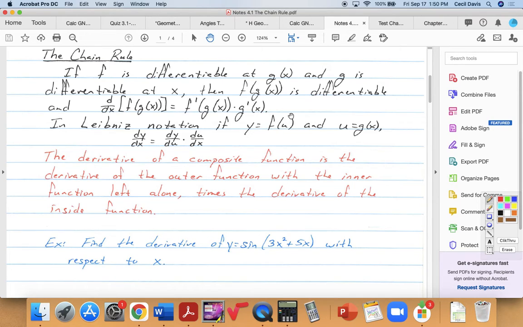The outside coating melts, leaving the inside alone for a moment. The inside's unaffected until the outside is gone. And then the inside would melt. Same thing here. We take the derivative of the outer part, leaving the inside part alone, times the derivative of the inside part. That's the idea behind the chain rule.